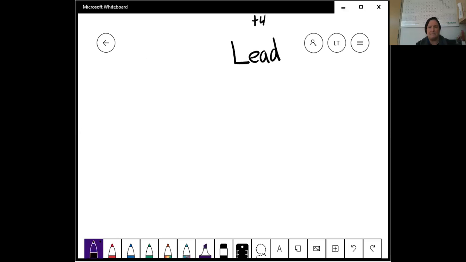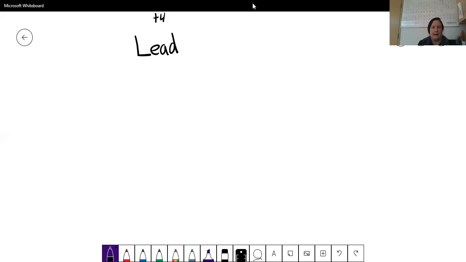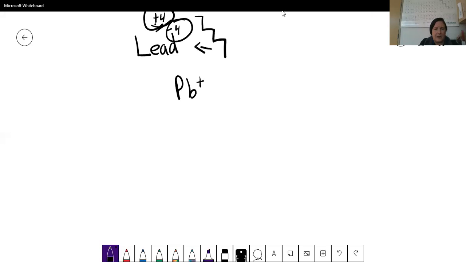Now, because it's to the left of the staircase, it's going to be the plus version of itself, because if it sat to the right of that staircase, it would be the anion, but it's to the left, so it's going to be the cation. So it can be this, okay? But notice it's an exception.